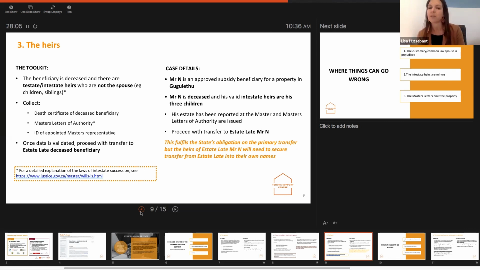And so you would, in this scenario, be absolutely entitled and able to proceed with transfer to his estate. And then again, I've just made the same point as I made on the previous slide. It ticks off your checklist of your obligation to transfer the primary transfer, it unfortunately doesn't help the heirs, and they would then need to go and get some independent assistance in securing transfer into their name.